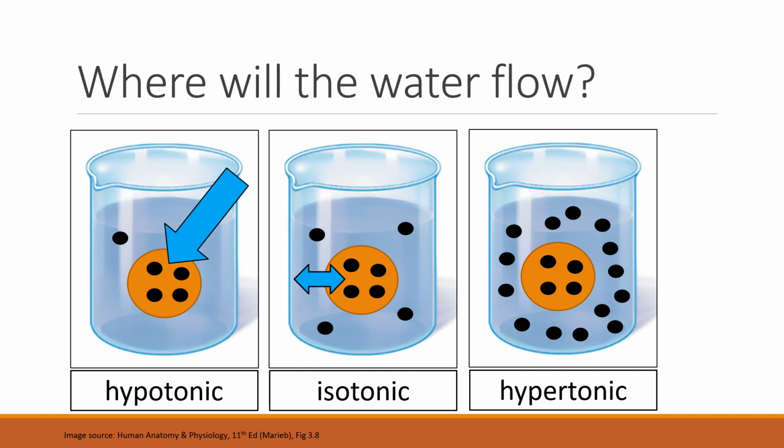Now, which way will the water flow in this case? Well, if you guessed out, you are correct, because the tendency is for the water to want to leave the cell in order to balance out the tonicity of the solution so that it looks more like this guy here in the middle. It wants to be isotonic. So the water is going to want to be pushed out of the cell through osmosis.